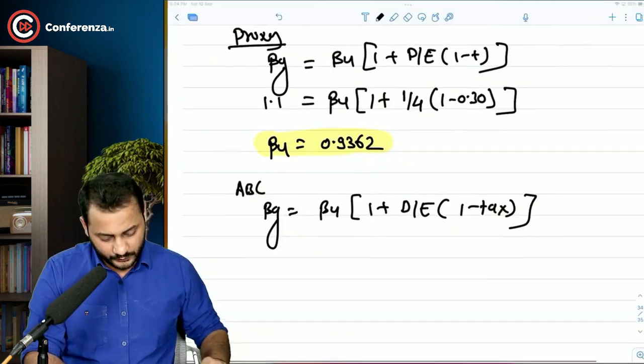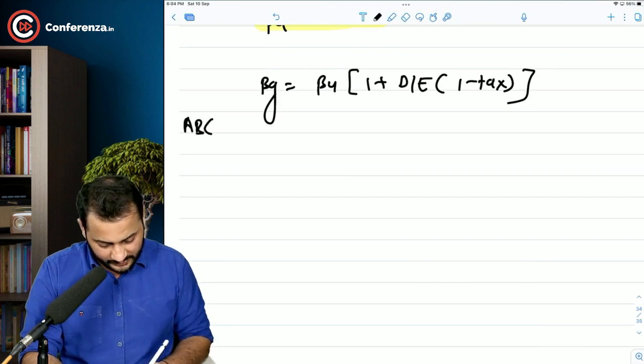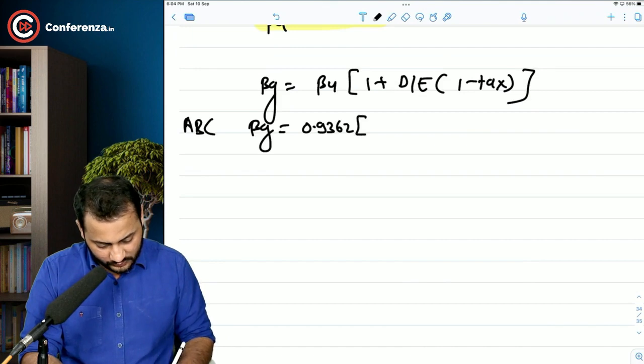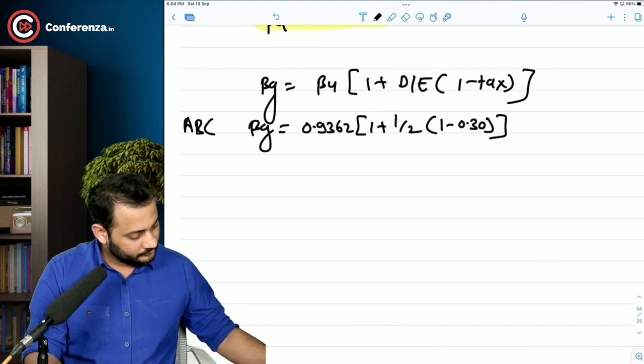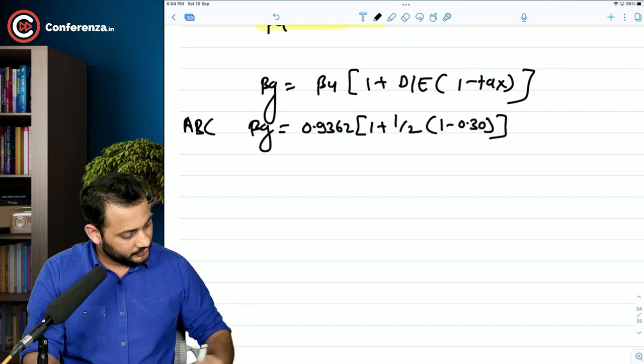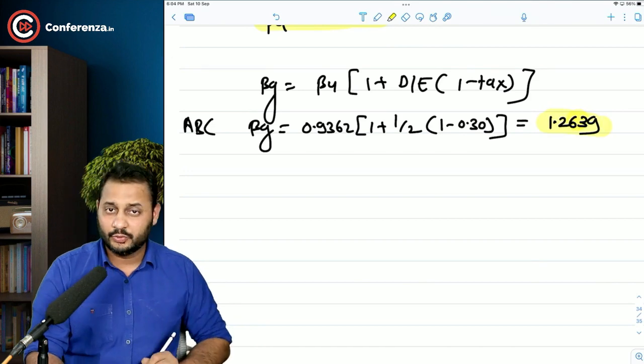It's 1:2. So for ABC, 0.9362 times (1 plus 1 by 2 into (1 minus 0.30)). This comes to 1.2639. This is what we are going to use.